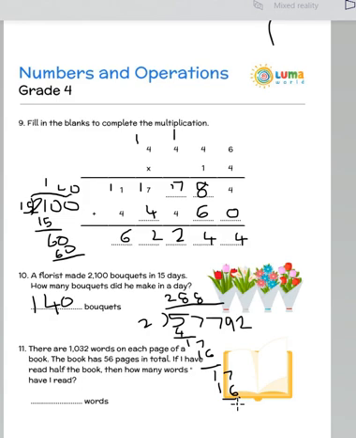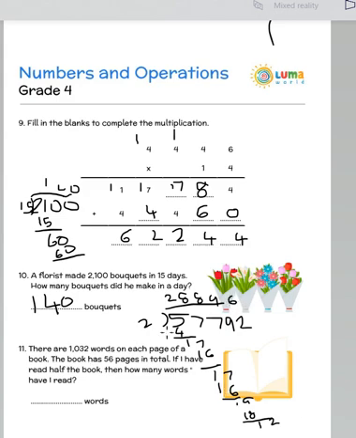And then you have 9, which is 9 twos are 18. And then you bring down the 1, and then it is 12, which gives you 6 twos are 12, and the remainder is 0.